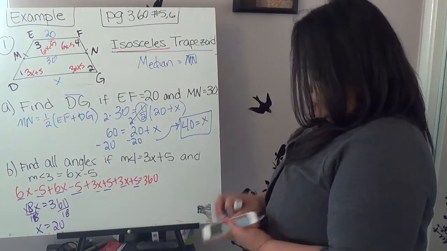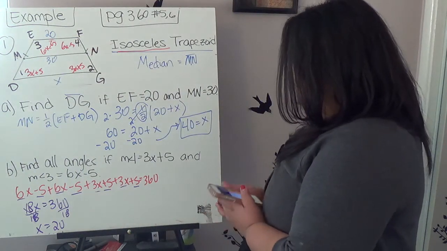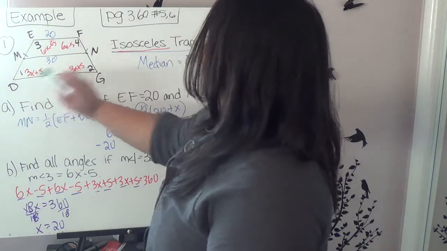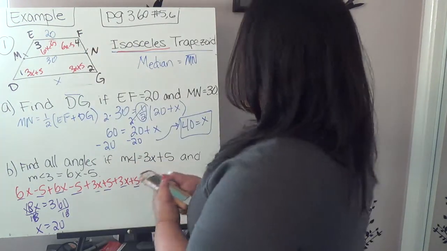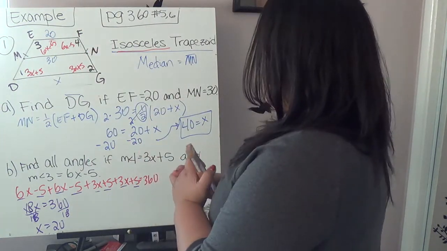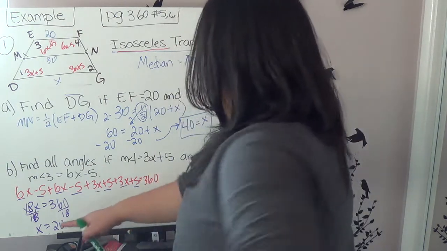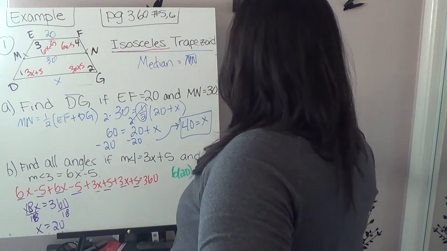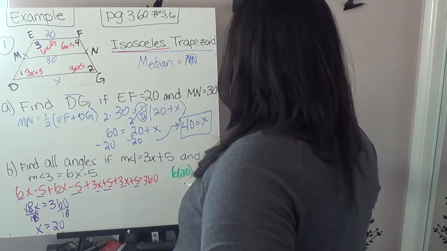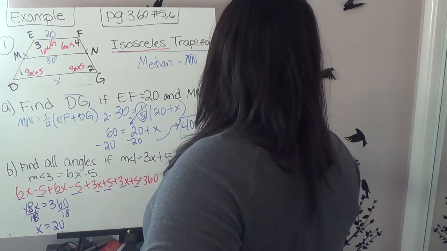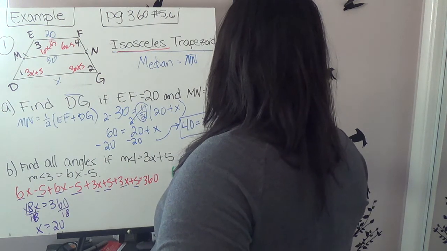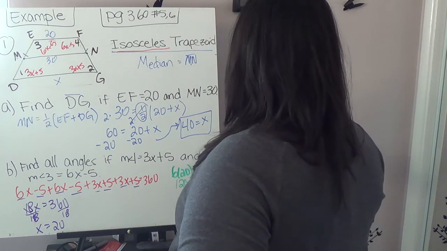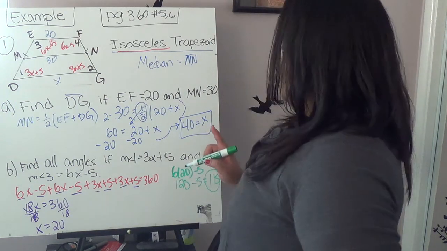Am I done? Not necessarily, because I have to find the measures of each angle. I know that these are equal, so if I find one, I find the other, and if I find this, I find the other. So I just have to plug in twice instead of 4 times. I'm going to plug in x equals 20 to the first expression: 6 times 20 minus 5. 6 times 20 is 120, minus 5 gives me 115, which is the measure of angles 3 and 4.